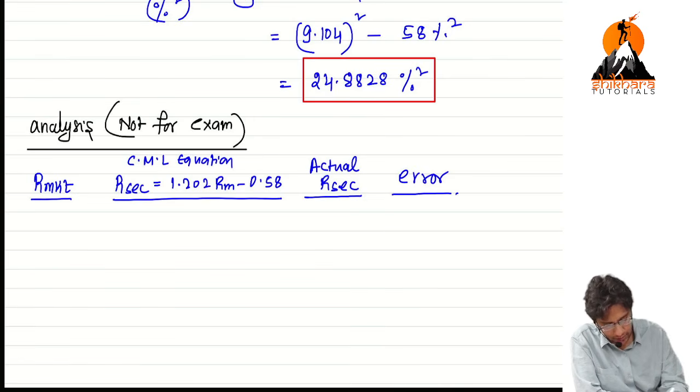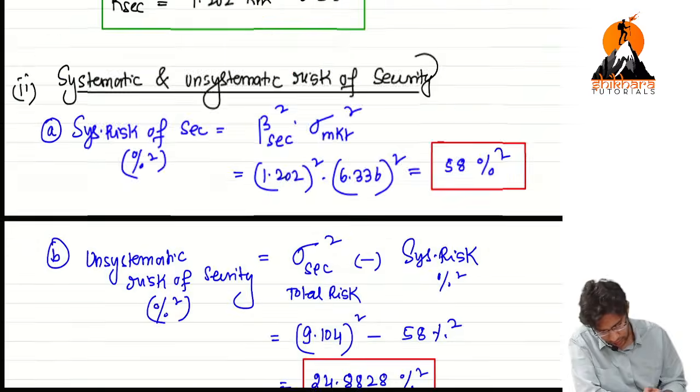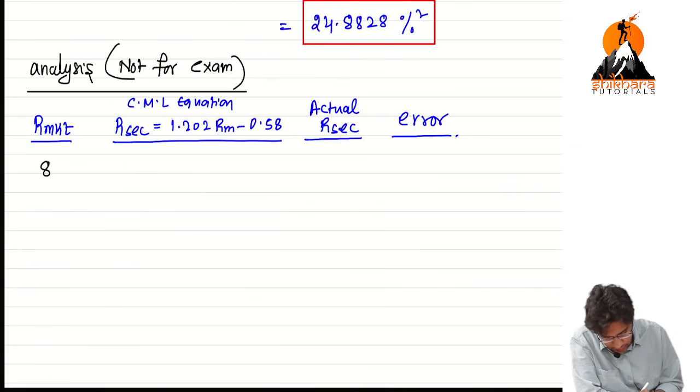Now, take the market returns for all 6 years. Tell me one by one: 8, 12, 11, minus 4, 9.5, minus 2.